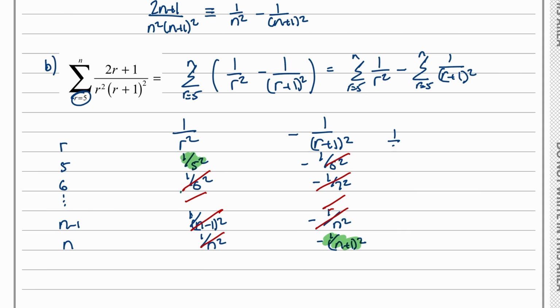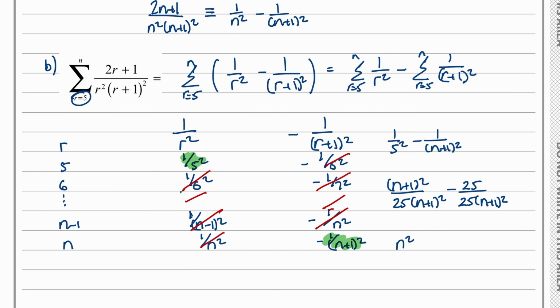We've got 1 over 5 squared minus 1 over n plus 1 squared. And we need a common denominator. So n plus 1 squared over 25 times n plus 1 squared minus 25 over that same denominator. We'll expand out this bracket.